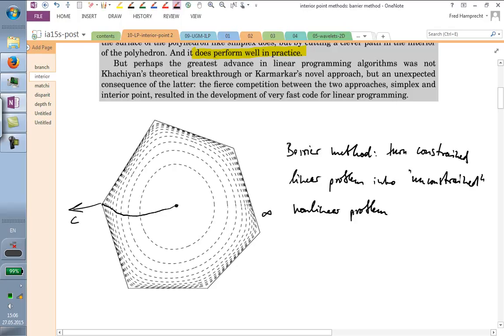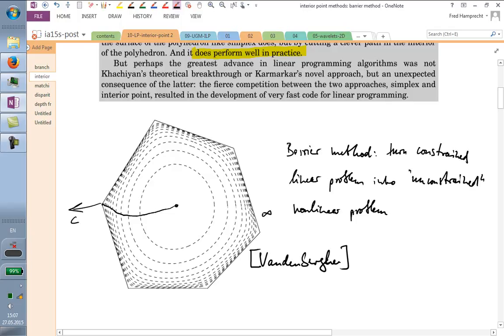So you trade one difficulty, the constraints, for the other, namely the nonlinearity. And by the way, this picture here is from a set of lecture slides by Vandenberghe. He has a very nice course on optimization.